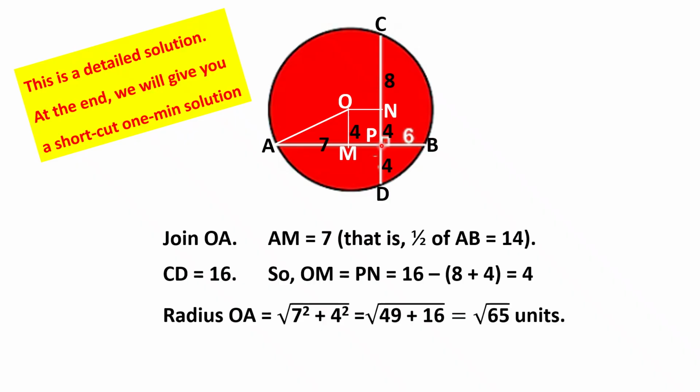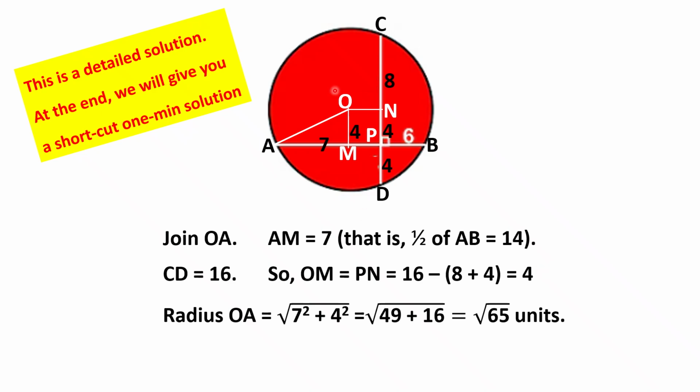So the remaining part PN would be 16 minus 8 plus 4. The top is 8, half of the chord CN, and the bottom is 4, given. So the remaining part PN would be 16 minus 8 plus 4, that is 4.